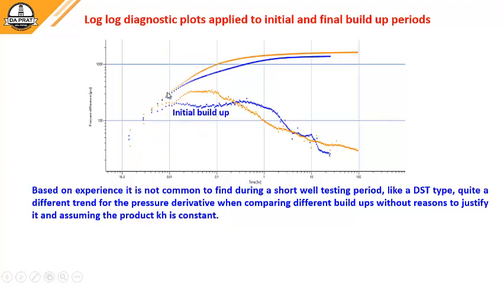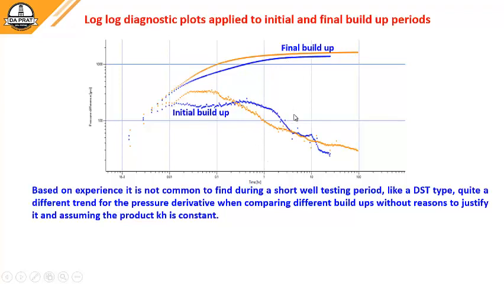We're assuming that after the unit slope, which is due to pure wellbore storage, there is a transition, and eventually we're going to reach radial flow. But we'll comment on that. Also, you can see here in the comparison that the trend is not similar, and unless there is a good reason, you should expect a similar trend.